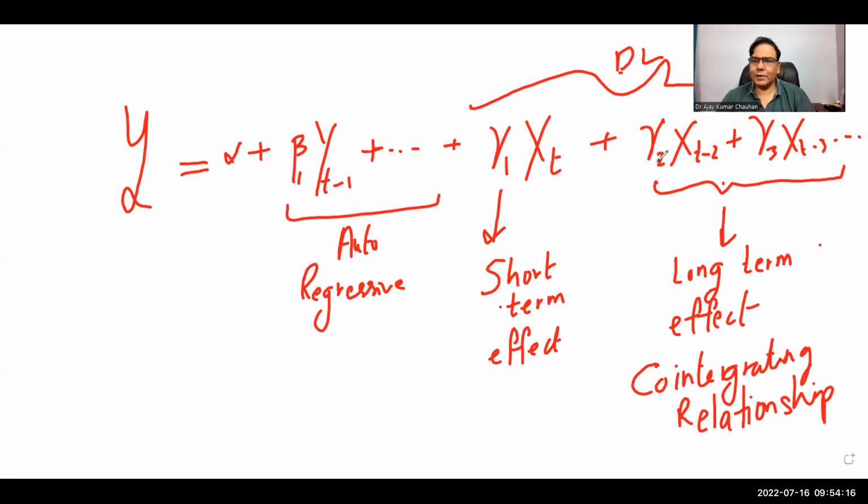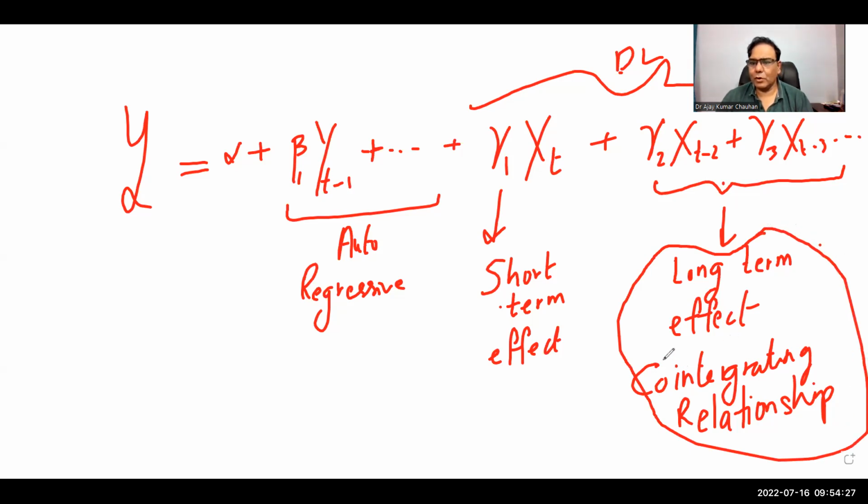Now this concept we already studied. Now I am focusing mainly on this part: long-term effect or co-integrating relationship. Researchers have found that this long-term effect is asymmetric.